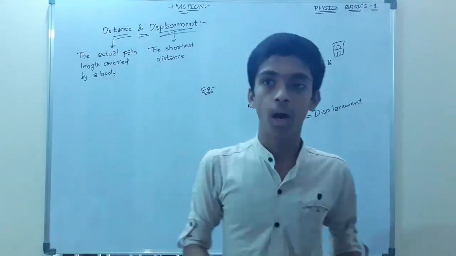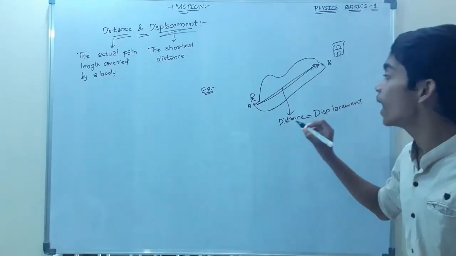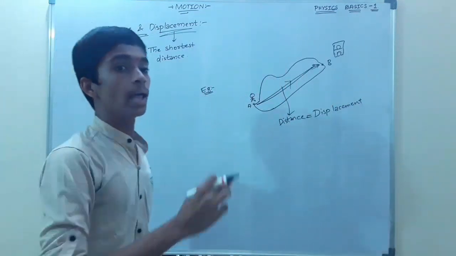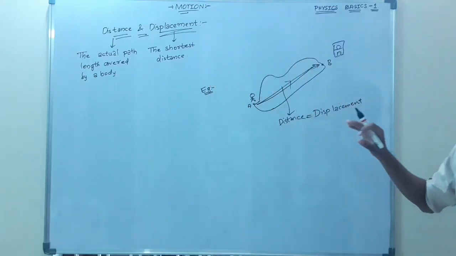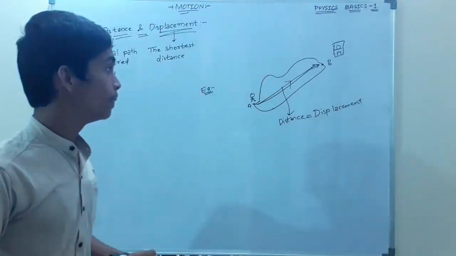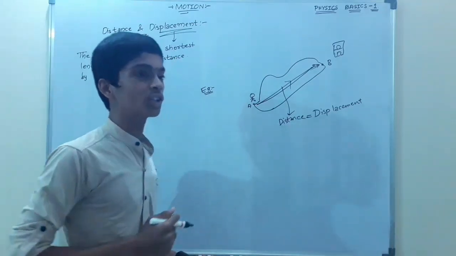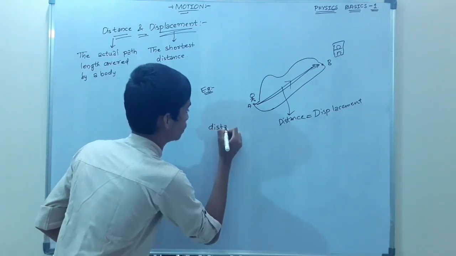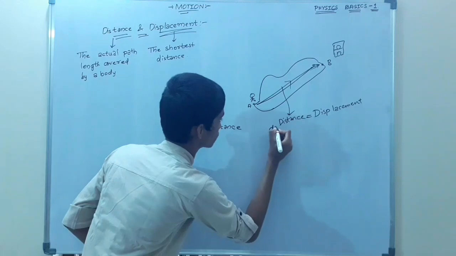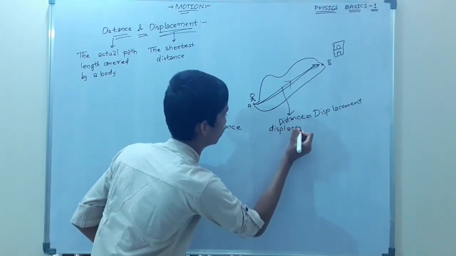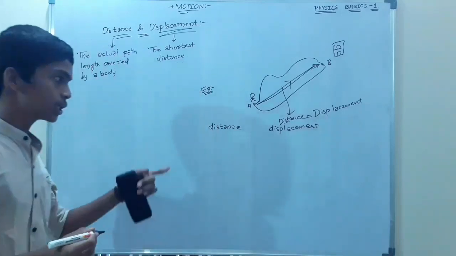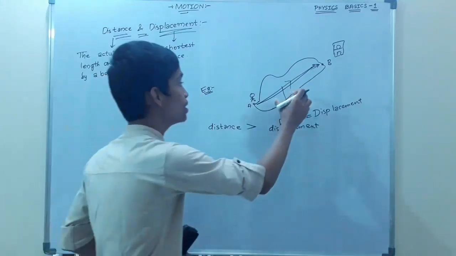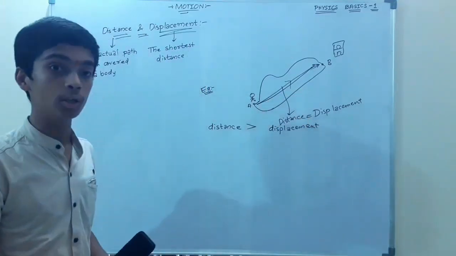Actually it is the shortest distance, and it can also be a distance. And how can we get this? When a body or a particle is traveling in a straight line, in that instant we call it distance is equal to displacement. Let's write this: distance and displacement. Distance is obviously greater than displacement, and in this case we have distance equal to displacement.